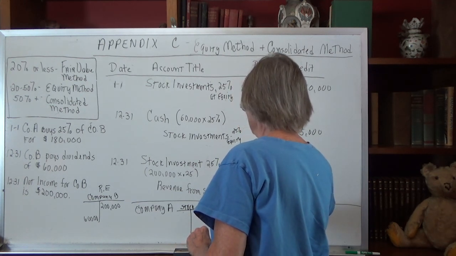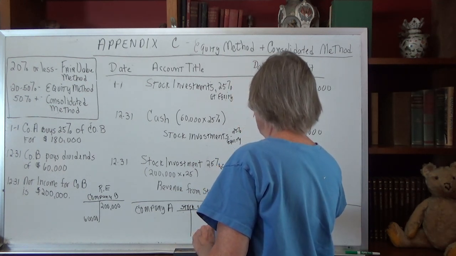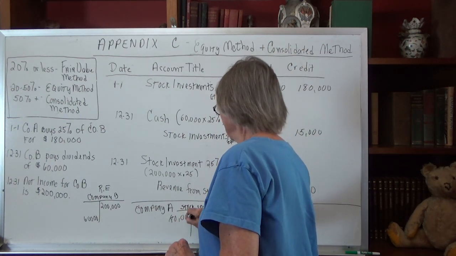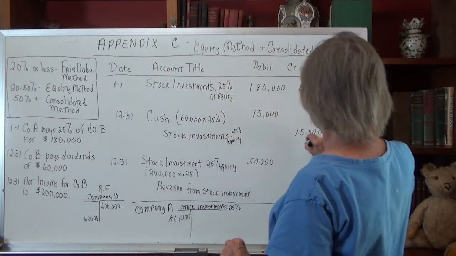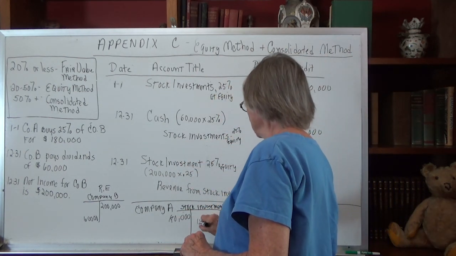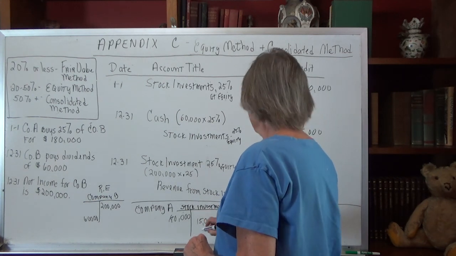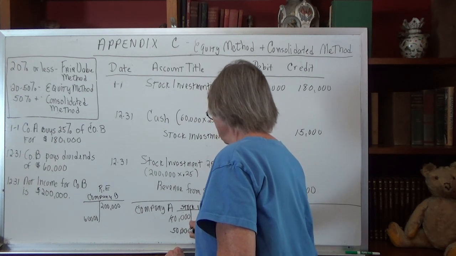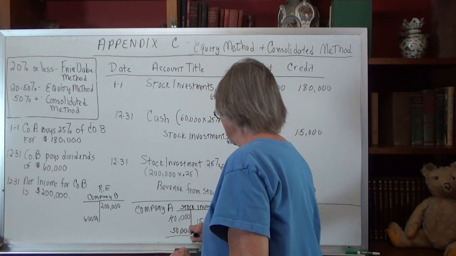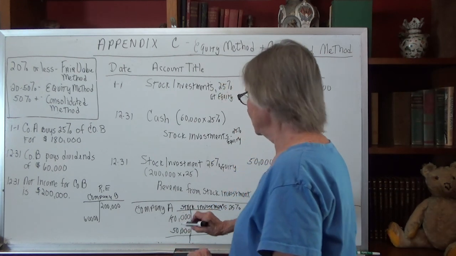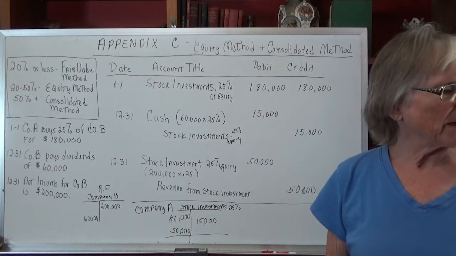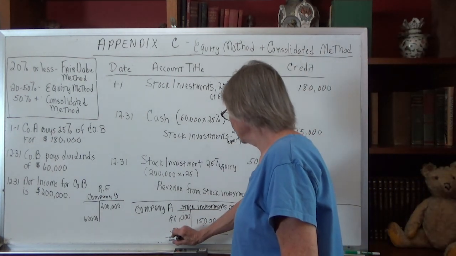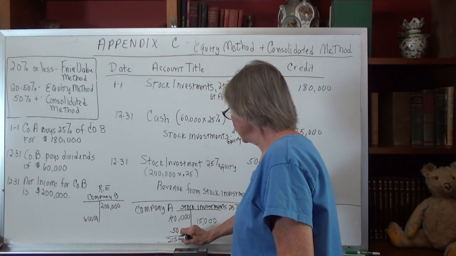And this is their 25% at equity account. It started off with 180,000 when we bought it. It was decreased by our portion of their dividends. And then it was increased by our portion of their net income for the year. So if we go 180 plus 50 minus 15, that is the amount that this investment is going to be reported at on our financial statements.